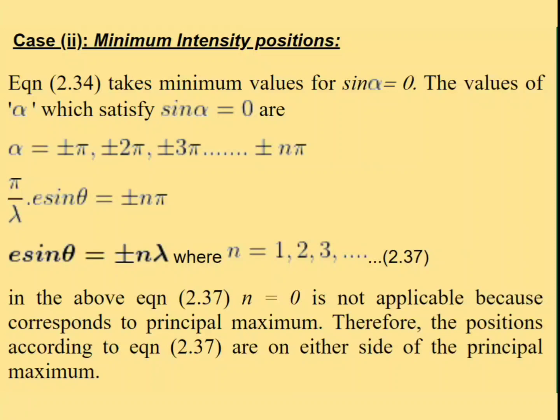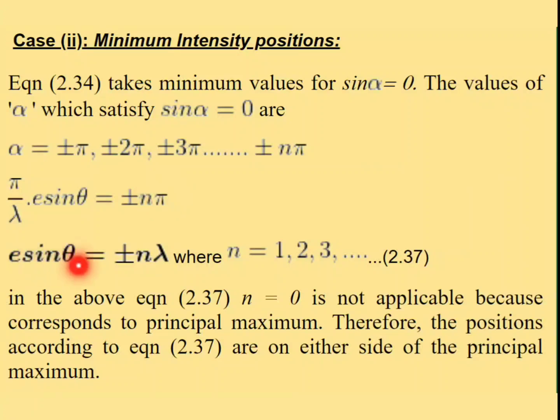Okay. Now substitute the value of alpha here. Alpha is equal to pi by lambda into e sin theta. So plus or minus pi, plus or minus 2 pi, these values are commonly named as plus or minus n pi. Now on both sides cancel pi and pi. Now cross multiply lambda.